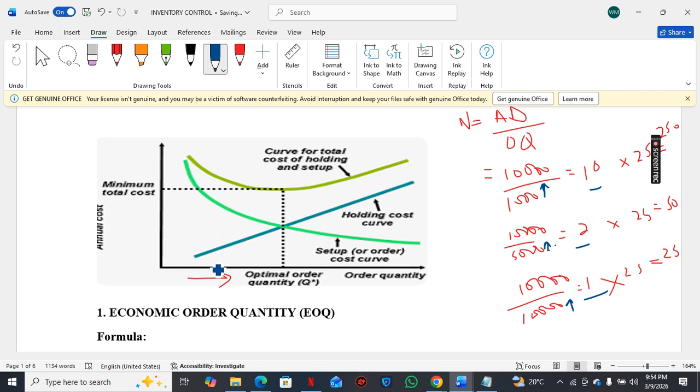That's why, as you can see, as we order more inventory, our ordering cost is going down, but our holding cost is going up. So the EOQ, where you see these two intersect, tries to minimize these costs, the holding and the ordering costs. That's what the EOQ is trying to do.